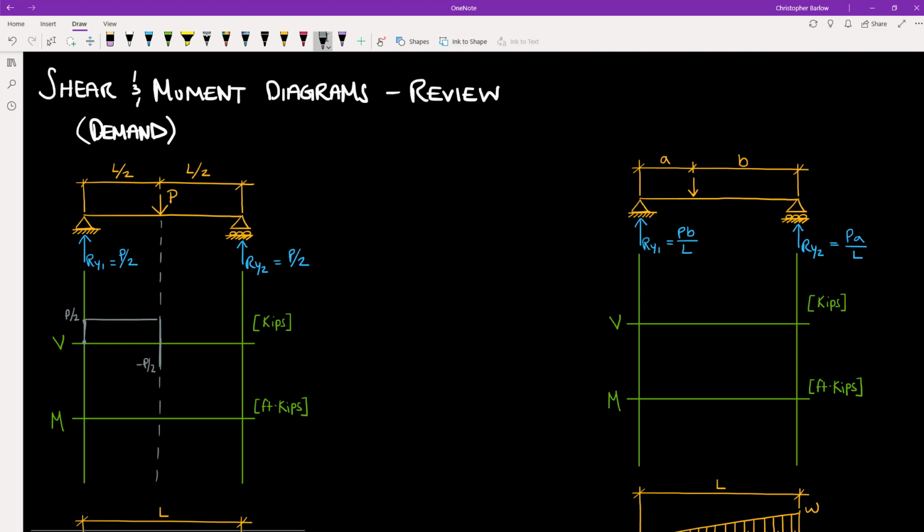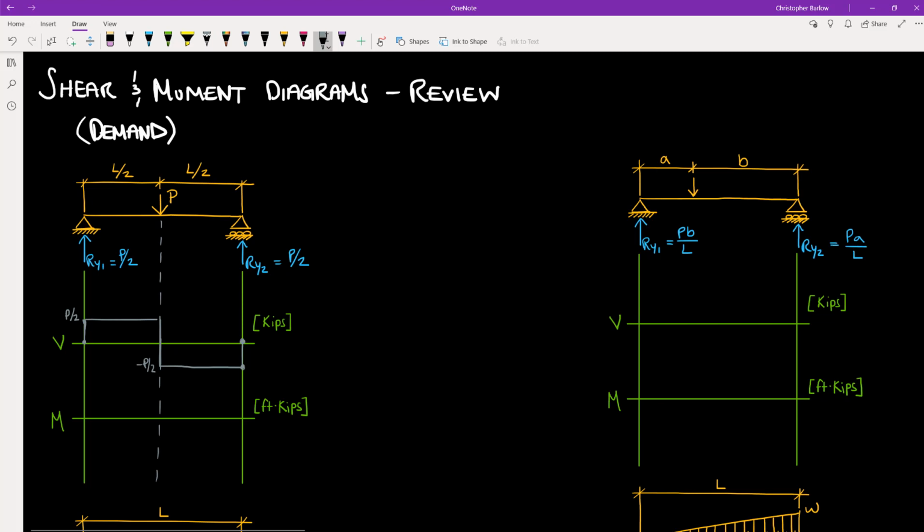And again, we move to the right at a constant rate because there are no external forces until we reach the end where we have our second reaction Ry2, which is also equal to P/2. And so P/2, where we were starting, plus P/2 brings us back to 0.